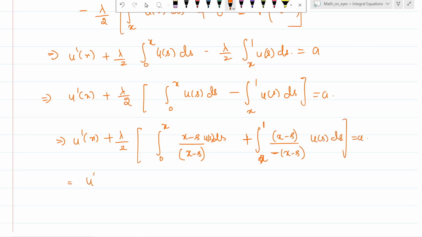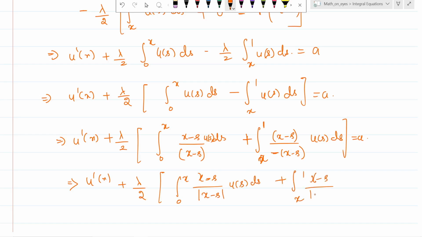So when you cancel these terms, you get the previous step. So this is u dash of x plus lambda by 2. This is integral 0 to x, this one. So I'm going to replace integral 0 to x, x minus s divided by modulus of x minus s into u of s ds plus integral x to 1 x minus s divided by modulus of x minus s into u of s ds is equal to a.